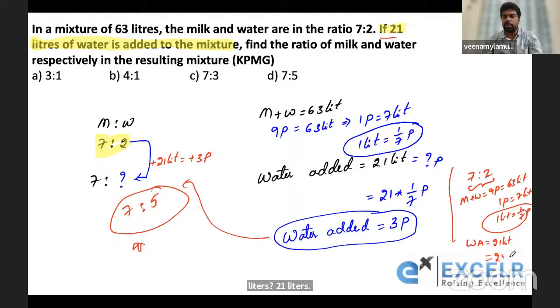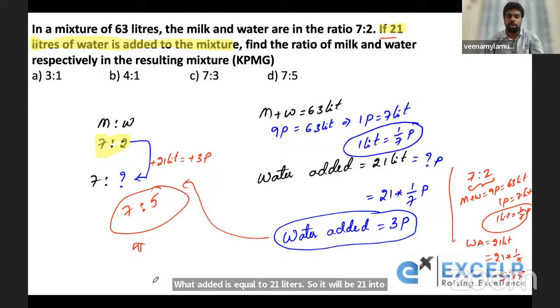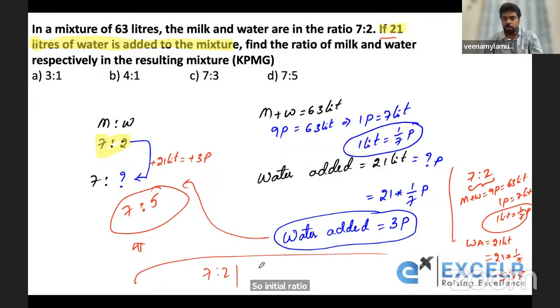So it will be 21 into 1 by 7. So how many parts of water added? 3 parts. So initial ratio is 7:2. Now milk to water, earlier it is 7 parts to 2 parts plus 21 liters. This 21 liters is 3 parts. So new ratio will be 7:5. That's it. Now you understood?